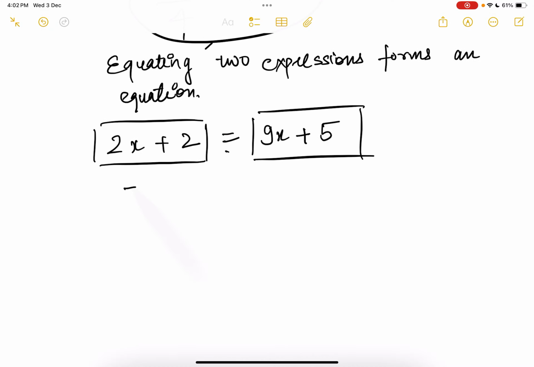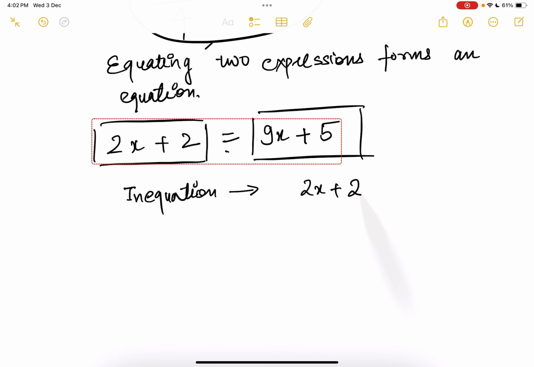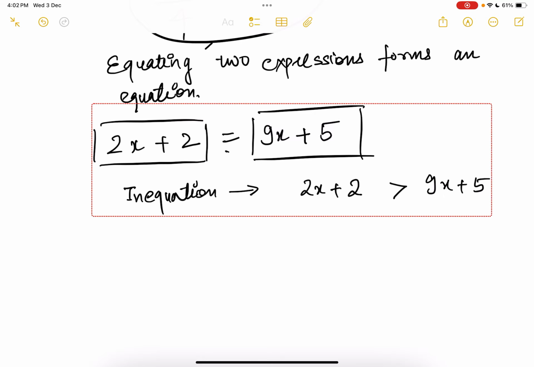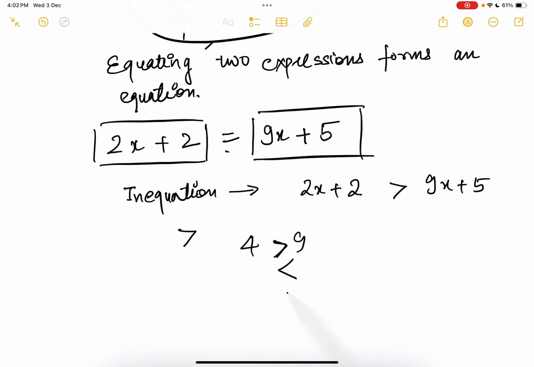You can also have an inequation, but it's not in your syllabus of class 8, though I'll tell you briefly. Nothing to fear about, only the sign gets changed. In earlier classes, you know that if you compare two numbers, there is an equal to sign, a greater than sign or a less than sign.